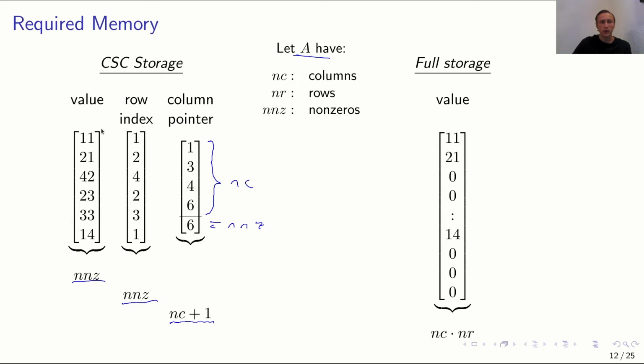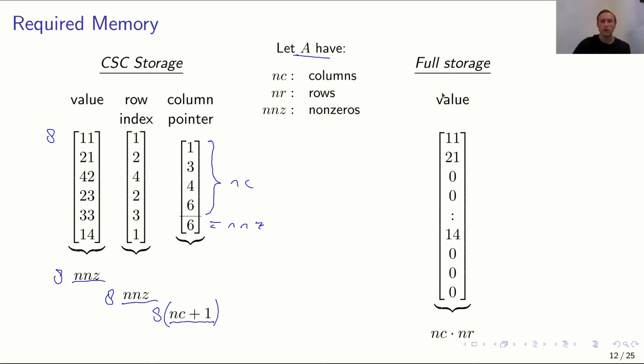Now in Matlab, each value is by default stored as a double precision floating point number, which is going to cost us 8 bytes of memory, meaning that this array is going to cost us 8 times NNZ bytes of memory. Now the row index and column pointer, these are stored as integers. However, it seems that in Matlab, these integers are also stored using 8 bytes of data, meaning that these arrays too are going to cost us 8 bytes per element.